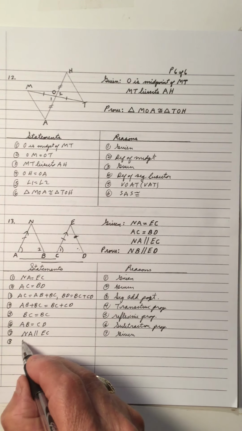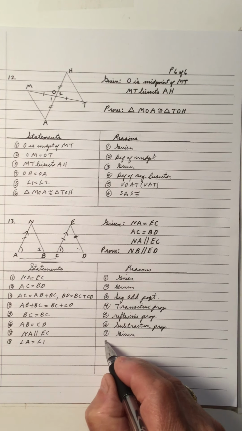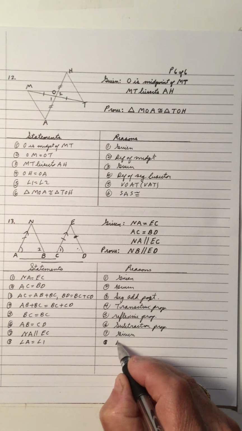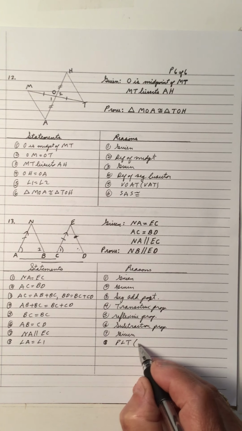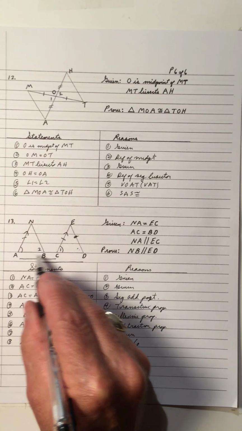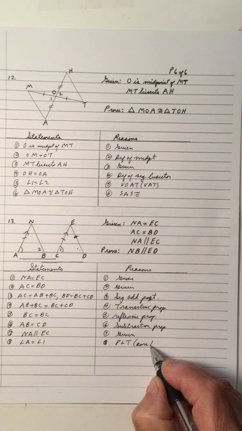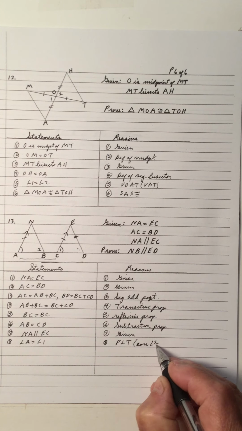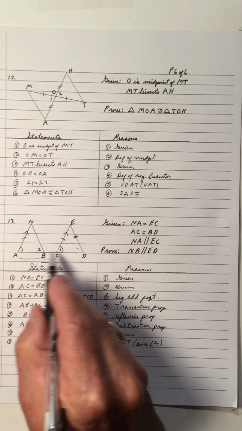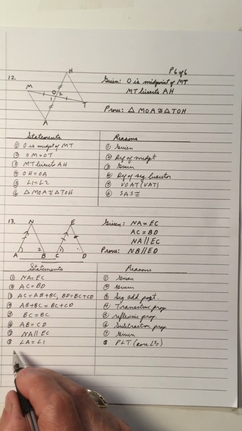NA, that means that angle A is equal to angle 1, and that's the PLT. And there, notice it's not alternate interior, this time it's corresponding. Corresponding angles equal, because they're on the same side of the transversal, they're not cross.